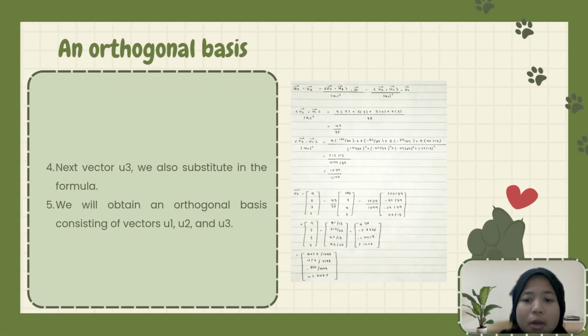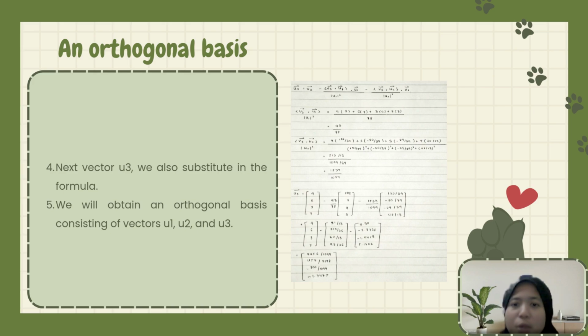Next, we do the same for u3. For u3, we expand the formula, which means we add another term: minus vector v3 multiplied by u2, divided by the absolute value of u2 squared, multiplied by u2.